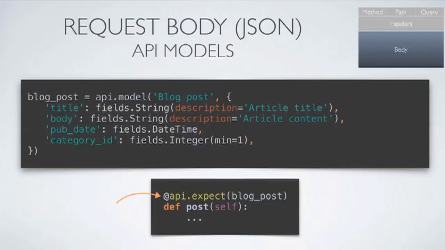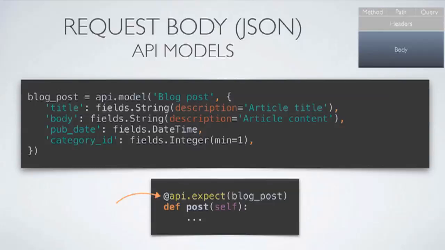Now, something a little bit more interesting. The request body that comes into your API is a JSON object, and you can use something called API model in this framework, which allows you to specify the fields of the JSON object that you expect to find.